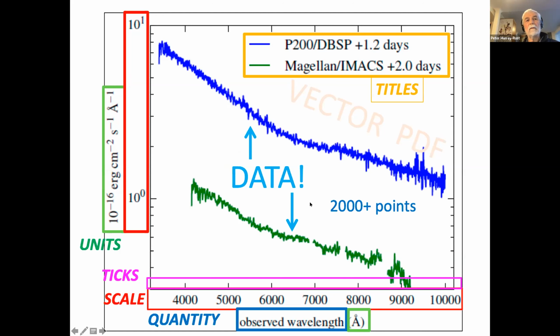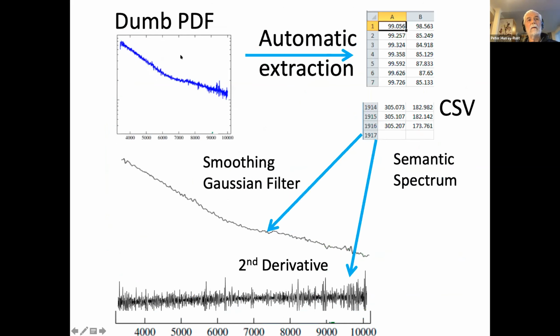If I run the tool on this, we get a dumb PDF turned into a CSV file. So there are 2,000 points from that PDF, and you can do experiments. I've shown how you can smooth the data, and you can also work out the noise by looking at the second derivative.